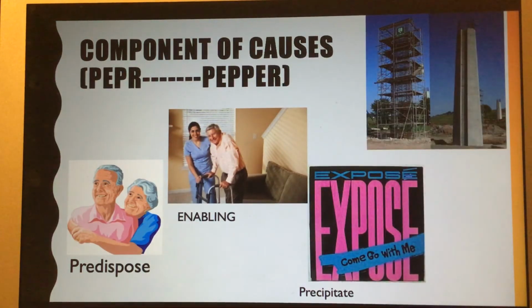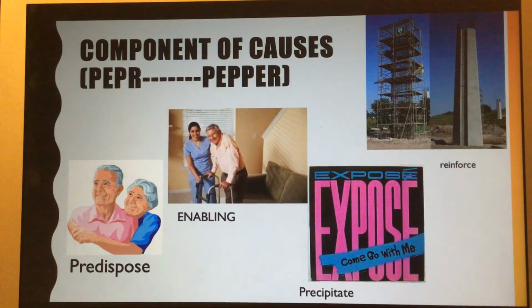And finally R is reinforce. So reinforce means the add-on effect from other factors. That means such as you put on stress, you have increased susceptibility to the disease when you have a reinforcement such as stress or any other psychological effect.